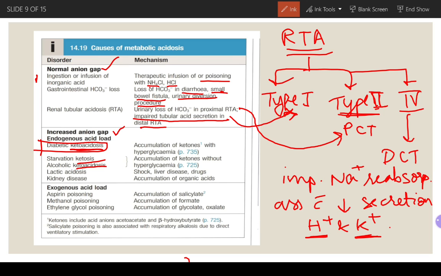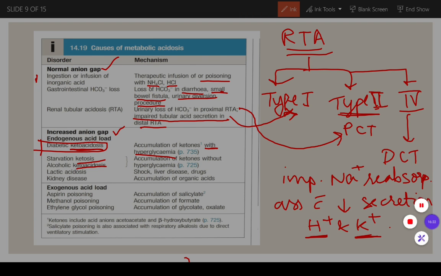With insulin deficiency, you have more glucose in your body, and your body doesn't know where to utilize that glucose, so it ends up forming ketone bodies, which leads to ketoacidosis. Okay, so this is associated with hyperglycemia.